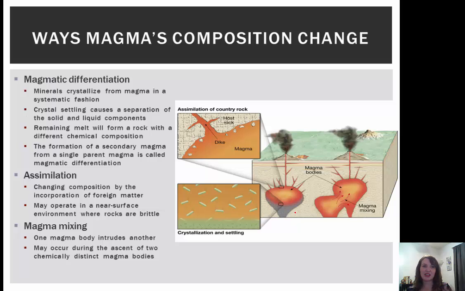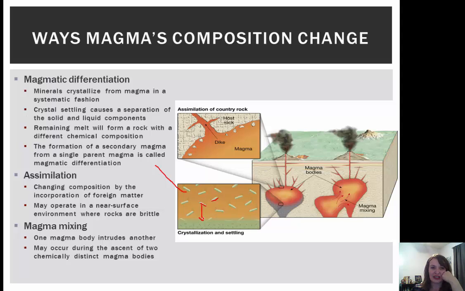So the formation of a secondary magma from a single parent magma is called magma differentiation. When we talk about crystal settling, it looks something like this. These represent our individual crystals. As they're forming, they become denser, they settle out, and that changes the composition.